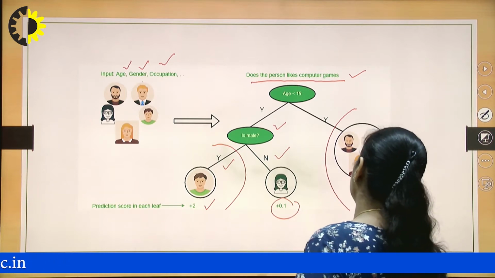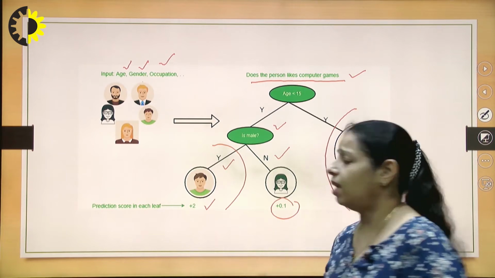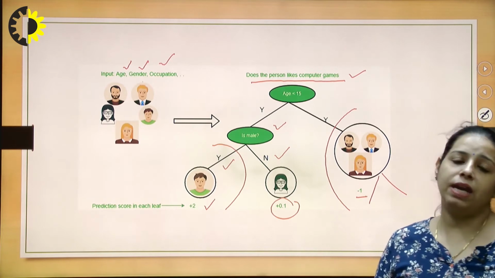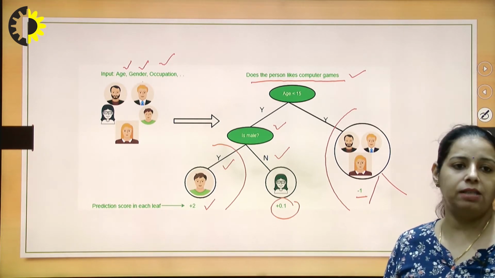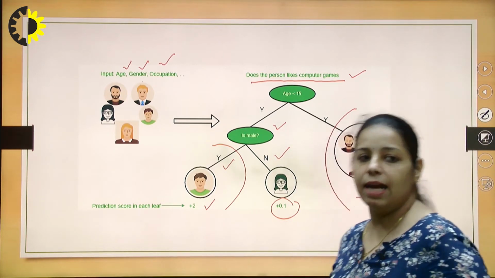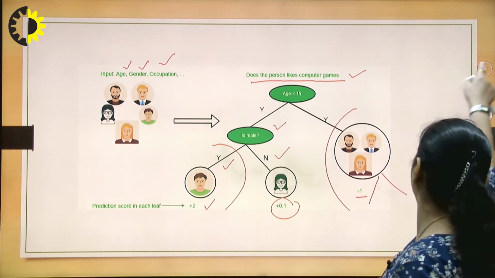Since all these are greater than 15 years of age, their prediction score is -1. So we can see that the decision tree is formed with the help of certain values. The weightage is given in terms of certain values, and according to that we categorize the male and female candidates into different leaf nodes.